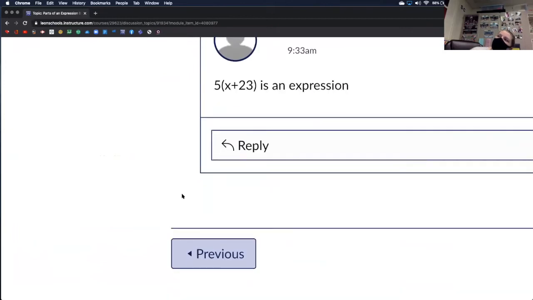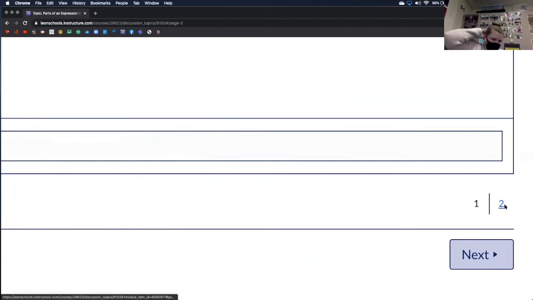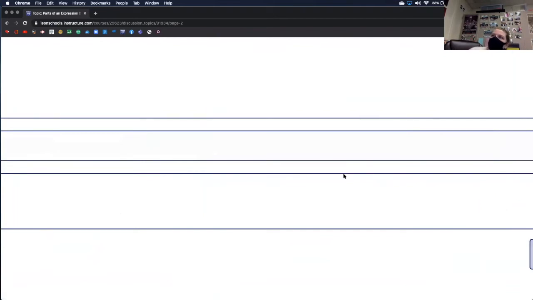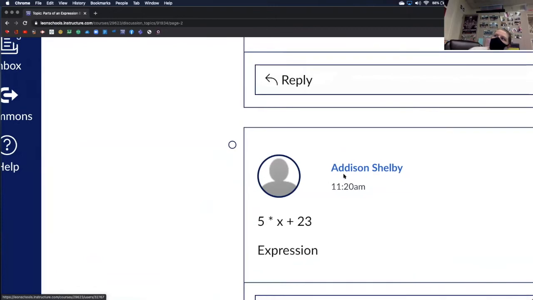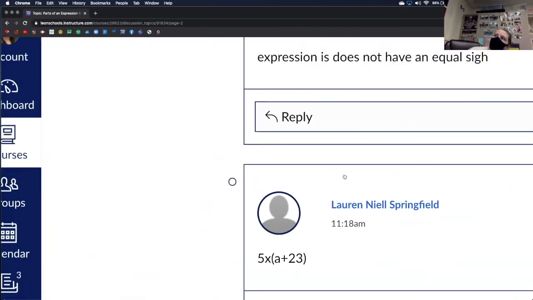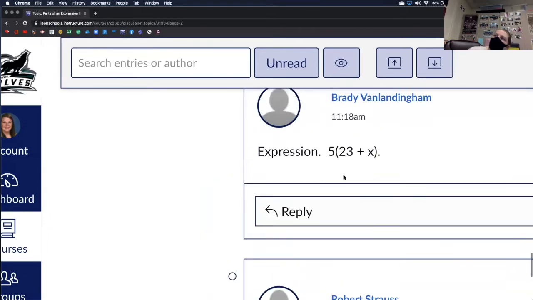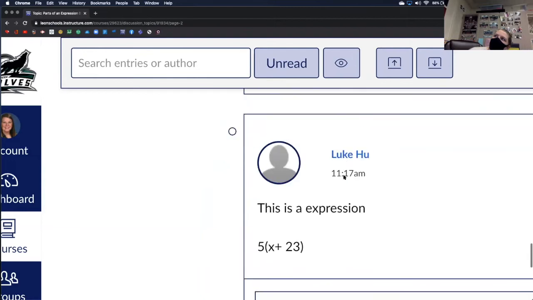I think next just goes to page 2. There we go. So it looks like some of you included great parentheses. Good job, Lauren. Robert, good. Beautiful.